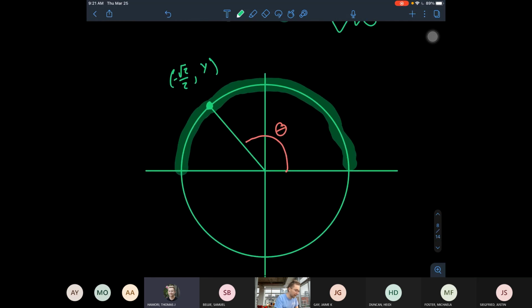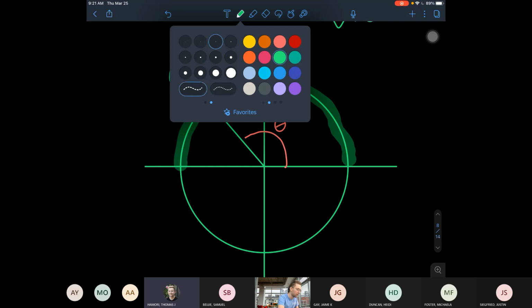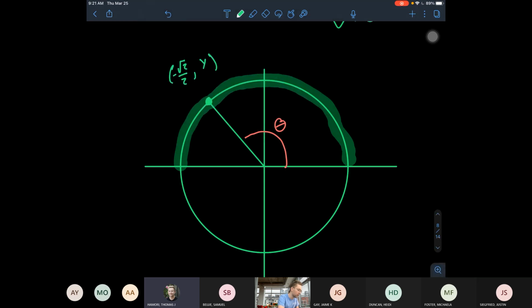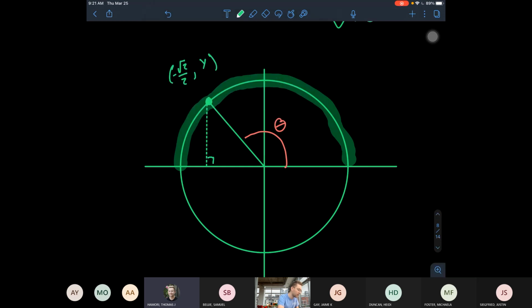So, as always, I have a point on the unit circle, and I have a radius which is going straight to that point, and I'm trying to measure this angle theta. The number one thing that I need to do is make a triangle. This thing is just screaming at me to draw a vertical dotted line and make a triangle here. And I know this is a right angle.